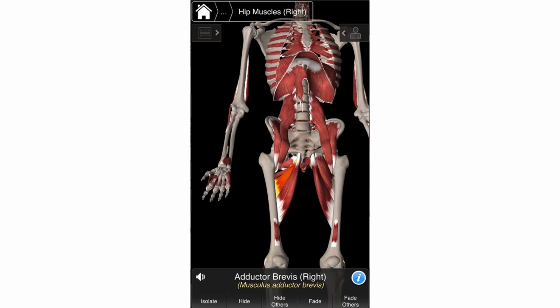That's what makes it brevis, or a shorter muscle, because its insertion is higher up, so more proximal than we see with Adductor Longus. And since it doesn't run quite as far anterior to posterior, it is neither a flexor nor an extensor. It is only an adductor. So the action then for Adductor Brevis is adduction.